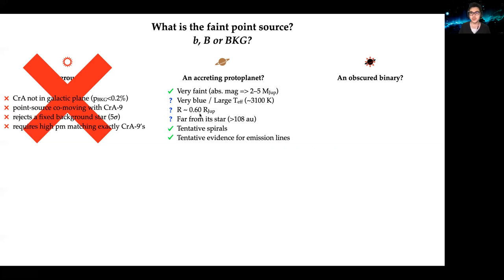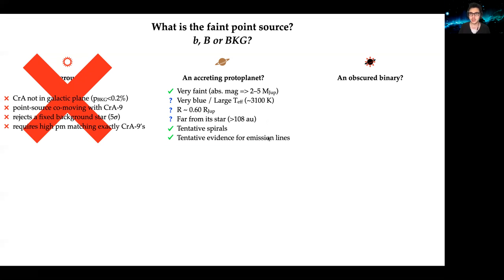We also found the point source to be relatively far from its star, which is not necessarily arguing in favor of a planet, although there have been planetary mass objects at older ages that have been found at such large separation. So the fact that we see some tentative spirals and some tentative evidence for emission lines both argue in favor of this scenario.